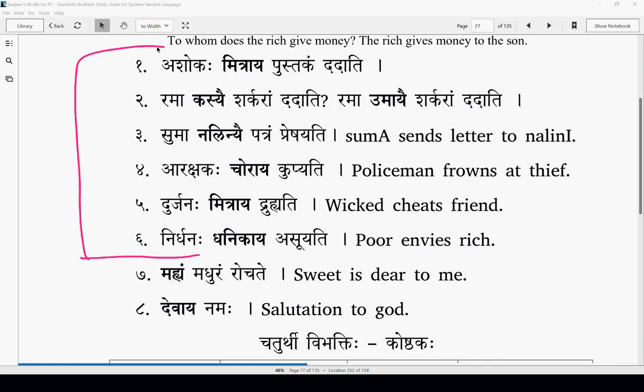So Drishyati. Anyone want to try one example of Drishyati? Cheating. Dhanikaya Janena Duhyati. Janaya, right? Dhanikah Janaya Drishyati? Okay. Uttamam. Yes, so it was Choram Dhanikaya Druhati.